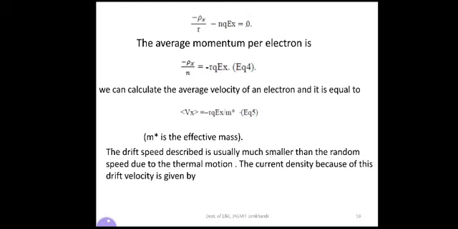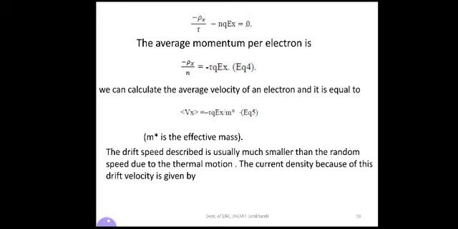But according to equation number 5, it tells us the net drift of an average electron in response to the electric field. The drift speed described is usually much smaller than the random speed due to thermal motion.